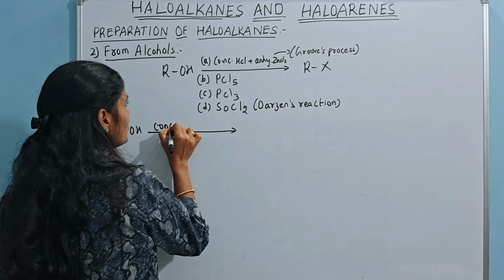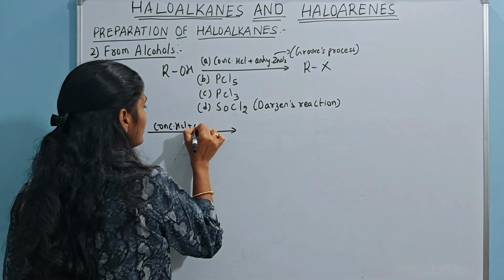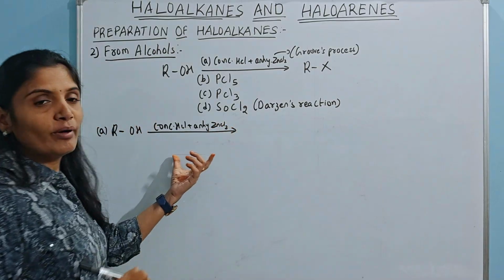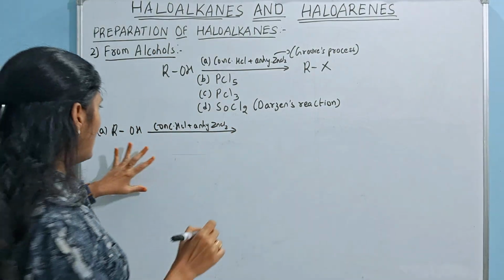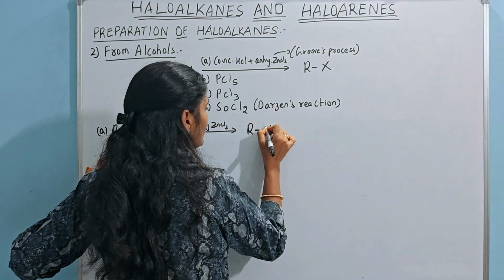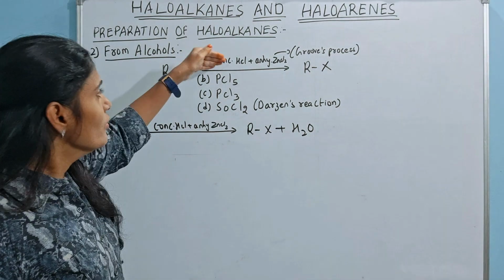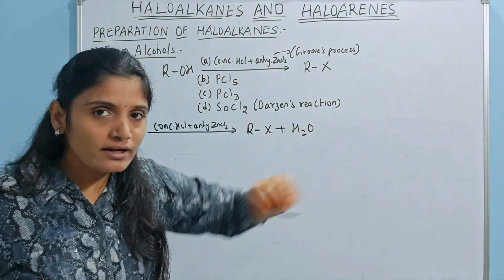From alcohols I can prepare haloalkanes by using concentrated HCl plus anhydrous ZnCl₂. This is my reagent. What do you call this reagent? I will tell you: it gives alkyl halides plus H2O. Here I didn't write the byproducts because for every reaction here the byproducts are different.